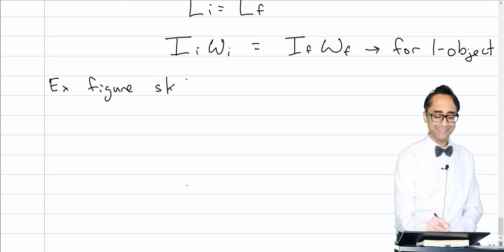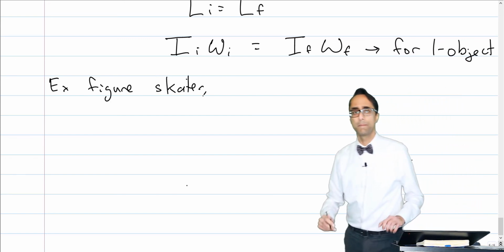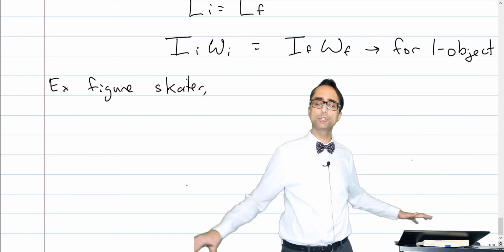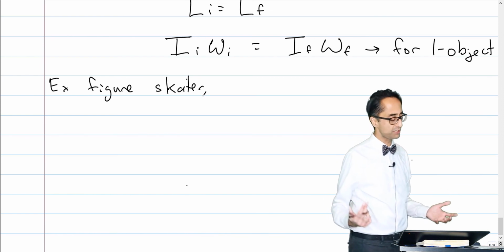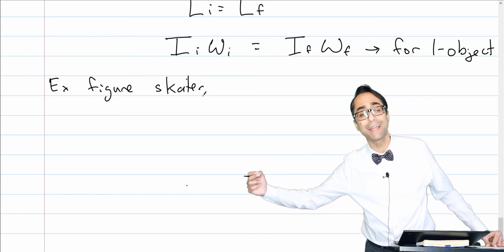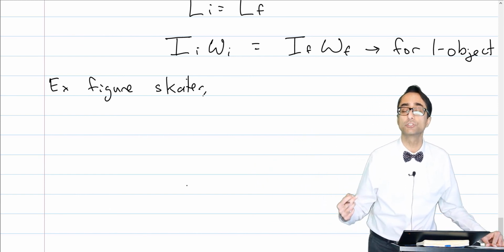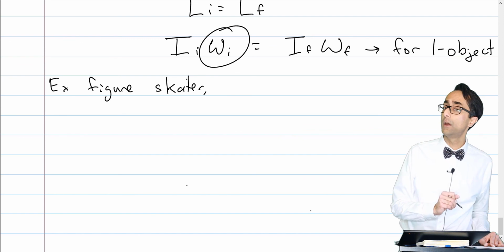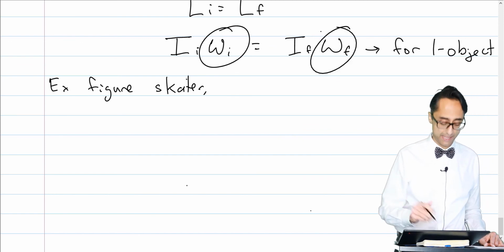Notice the figure skater didn't increase her speed by pumping. She wasn't adding torque or forces into her spin. All she did was move from a very, very high moment of inertia to a low moment of inertia, making her velocity change from a low angular velocity to a high angular velocity.